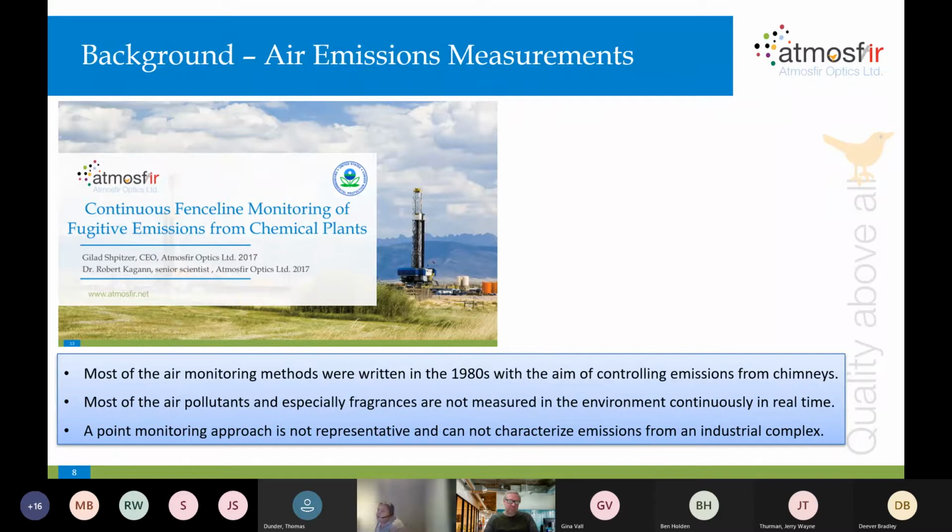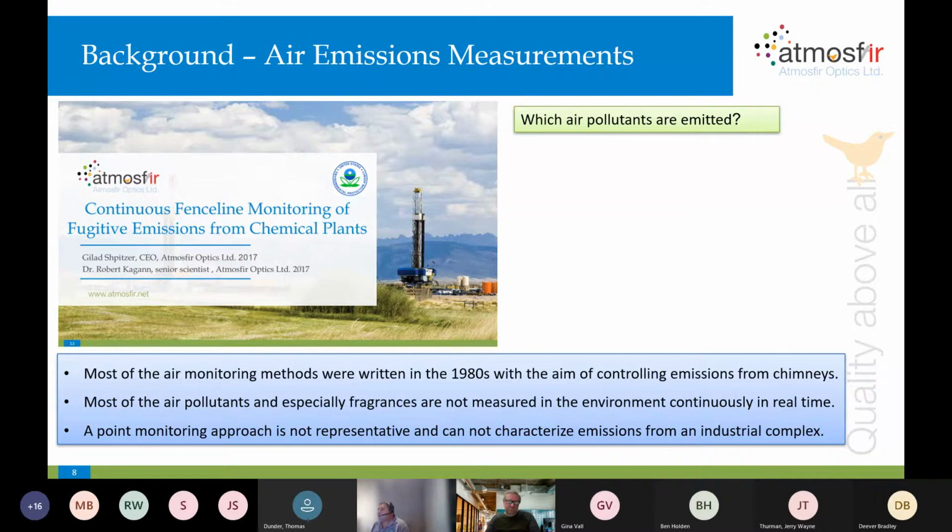Most of the air pollution, especially odor compounds and a lot of other compounds, we don't measure routinely, for sure not in real time, in the environment. And we understand that a point monitor cannot represent or characterize the emission from an industrial complex.